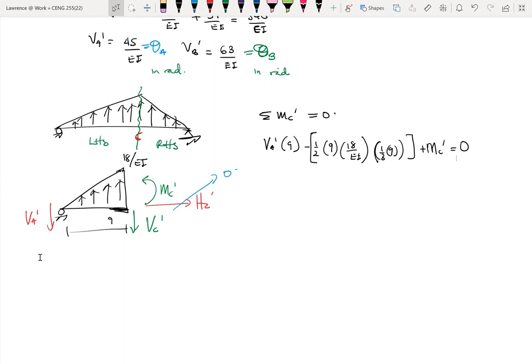But MC prime is a point moment, so it doesn't need a moment arm. That point moment will still be there, and that's why it's part of this equation.